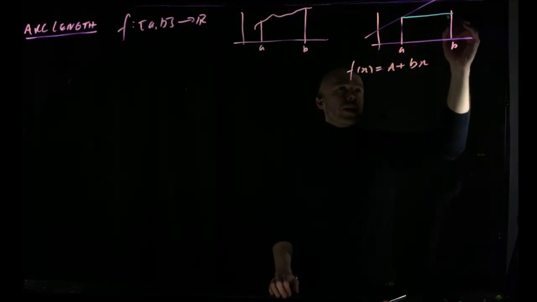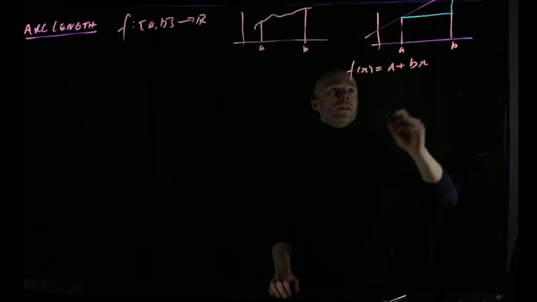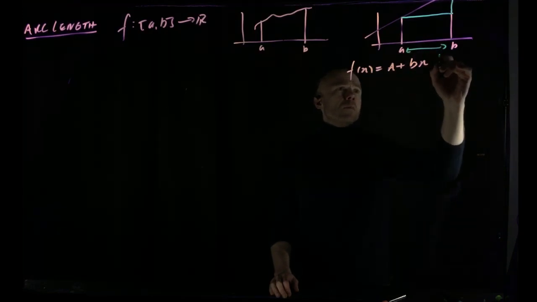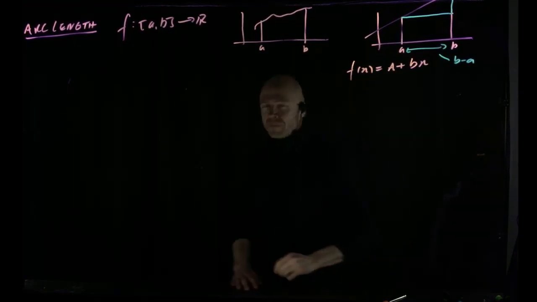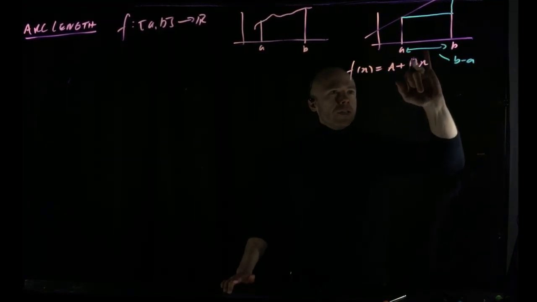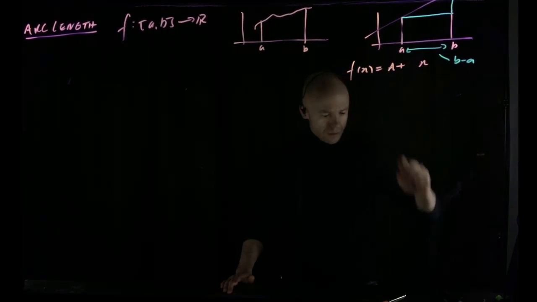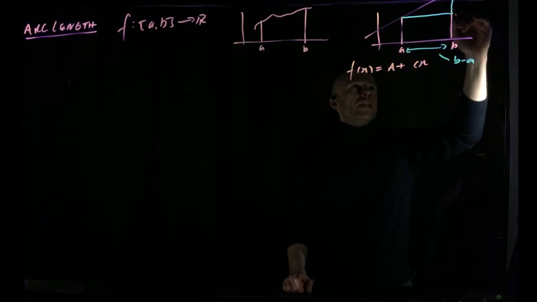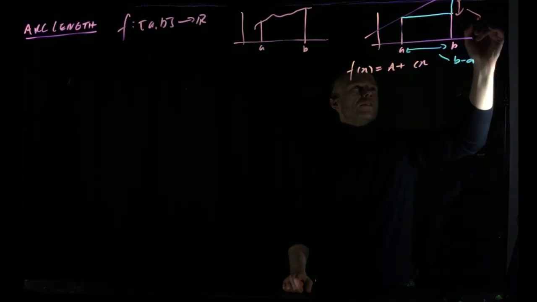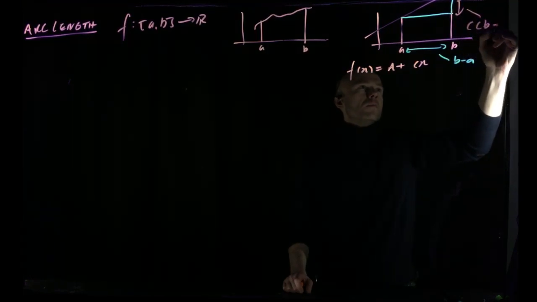We'd just draw a triangle like this, and we know that we're going along by this quantity b minus a, and since the slope is c, that means we're going up b minus c.